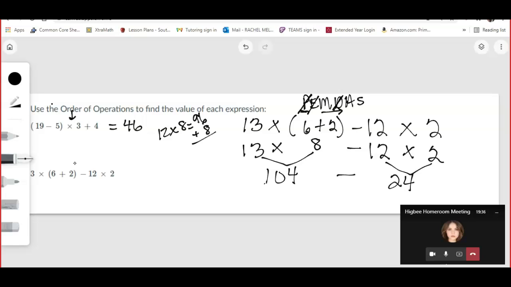Okay, guys, what is 104 minus 24? Nobody can tell me? That's a little disturbing.